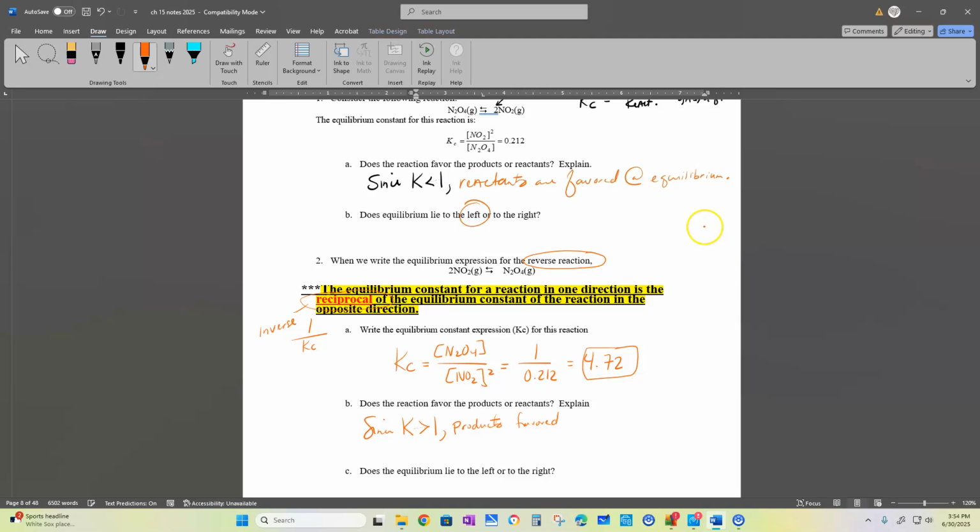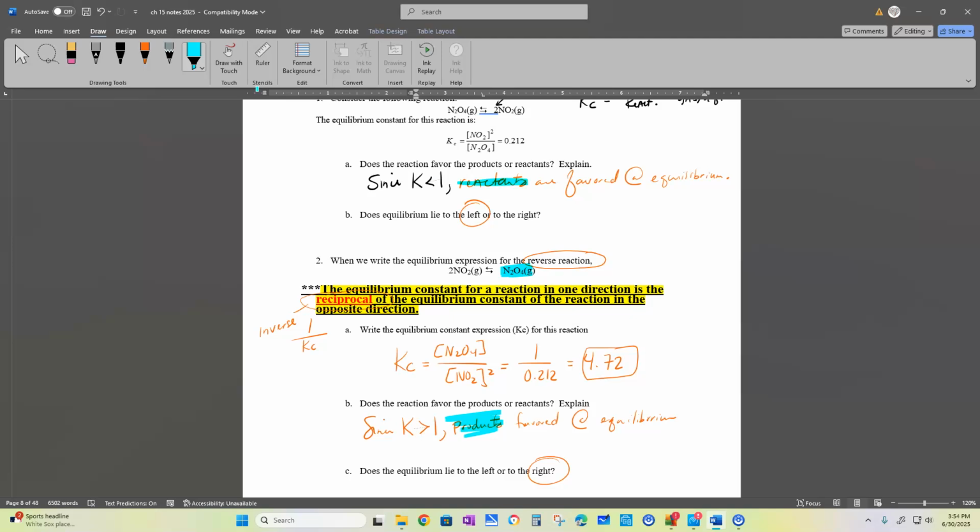What? By flipping the equation, now the products are favored? That means if the products are favored, it's lying to the right side. But I want you to see something. In this equation, because we flipped it, look at who the favored chemical is. Now go back above.